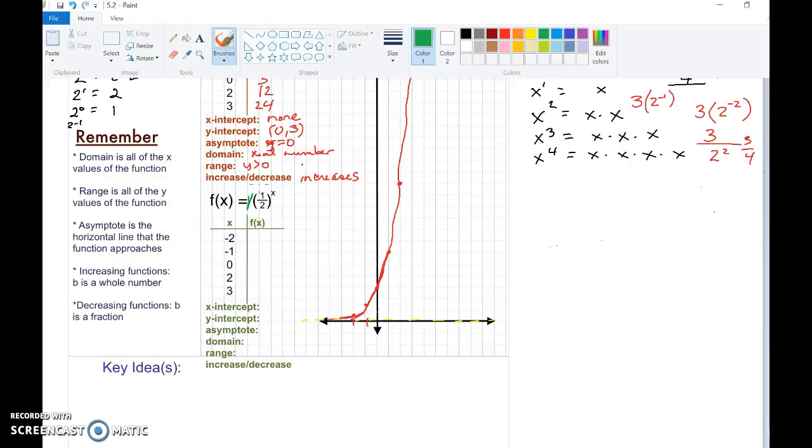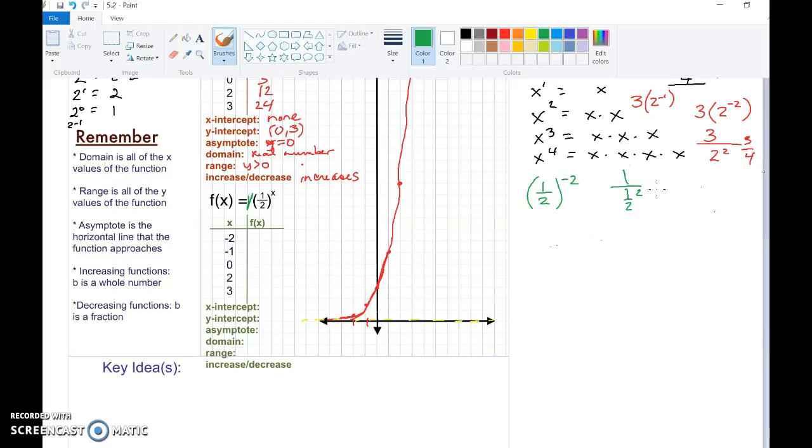So if x is -2, then that means I'm going to have 1/2 to the -2 power. Now remember, if I have a -2, then that means I have 1 over 1/2 to the second power. So now I have this double fraction, right?